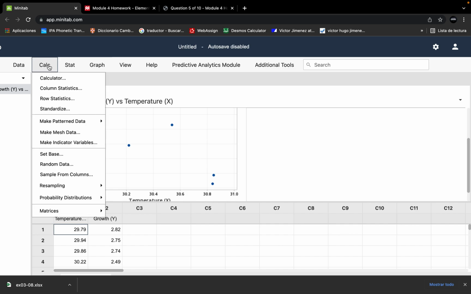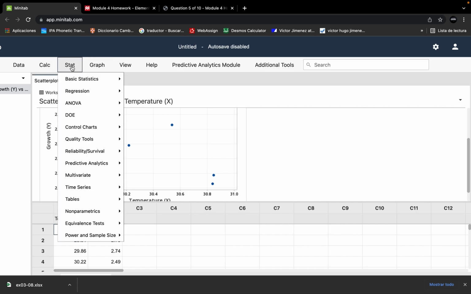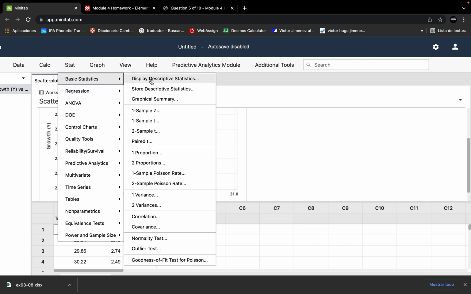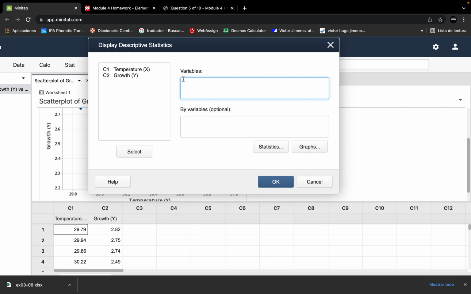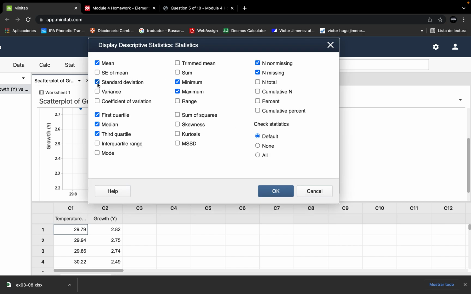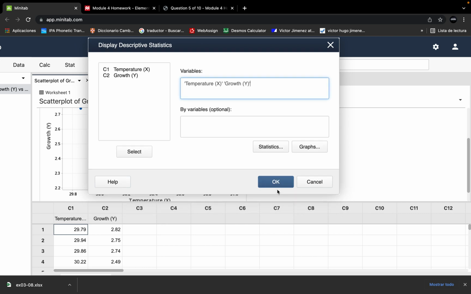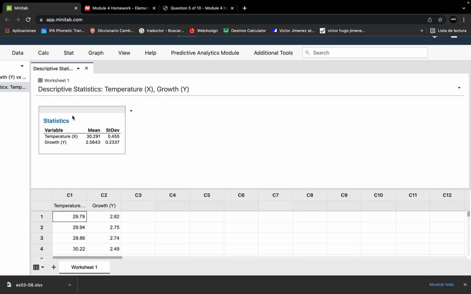So go to Stat, Basic Statistics, Display Descriptive Statistics, and do it for the variables temperature and growth. Here we're going to need only the mean and standard deviation. We don't need the quartiles, so you can uncheck those boxes, neither the maximum nor the minimum. We need the mean and the standard deviation for each.